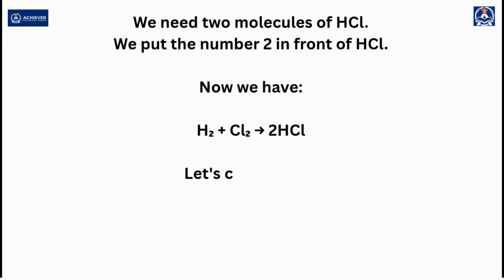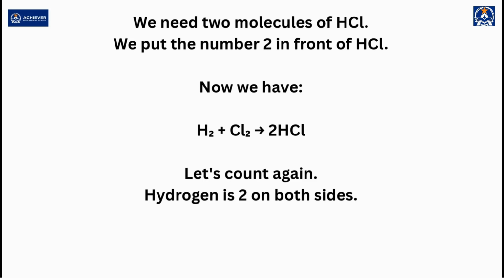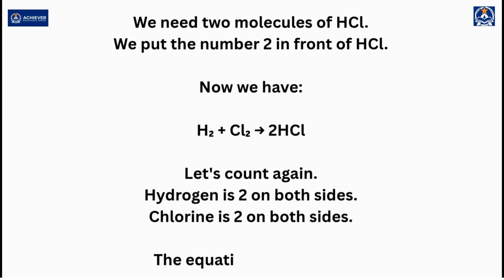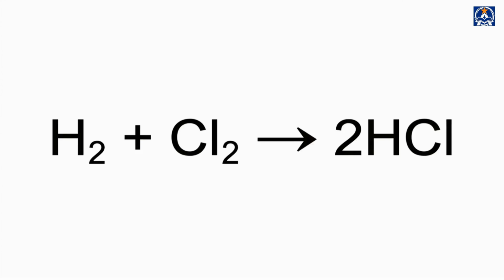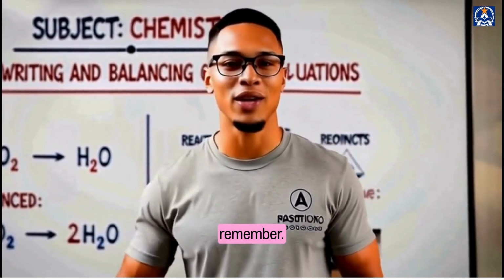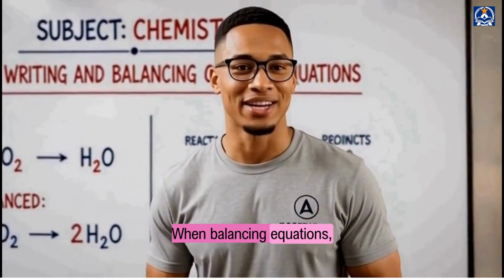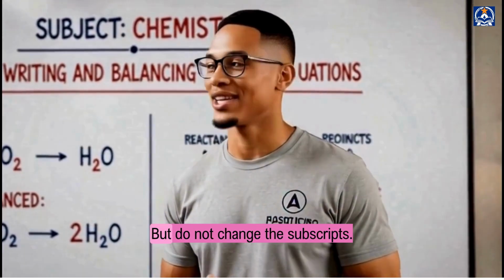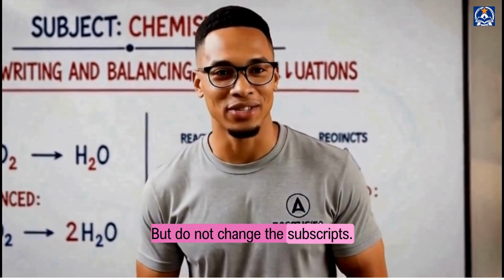Now we have H2 plus Cl2 gives 2 HCl. Let's count again. Hydrogen is 2 on the left and 2 on the right. Chlorine is 2 on the left and 2 on the right. Now the equation is balanced. This is one of the most important things you need to remember. When balancing equations, you can change the coefficients but do not change the subscripts.